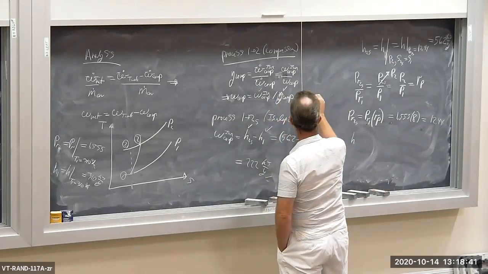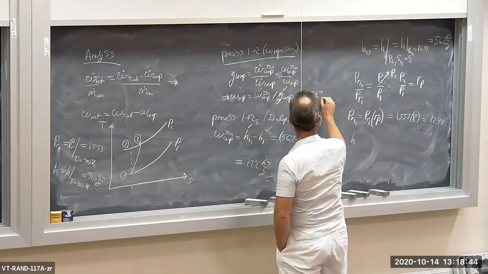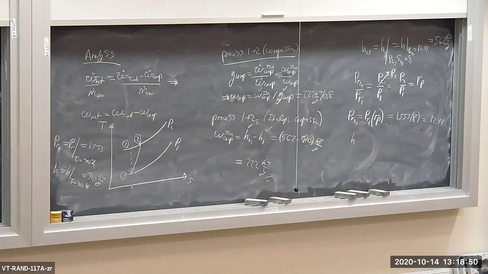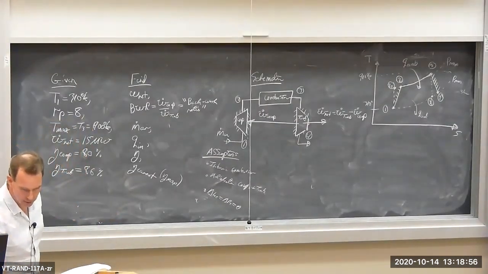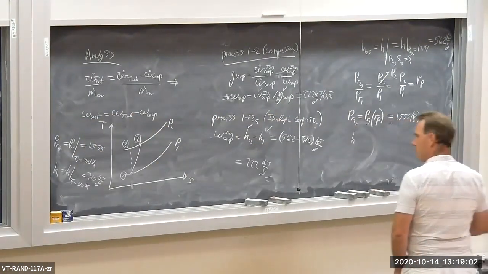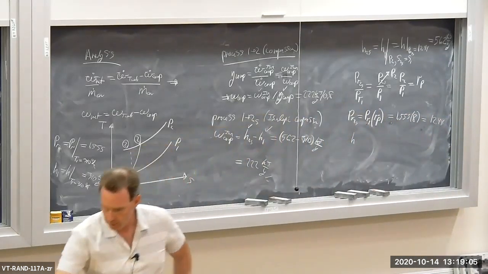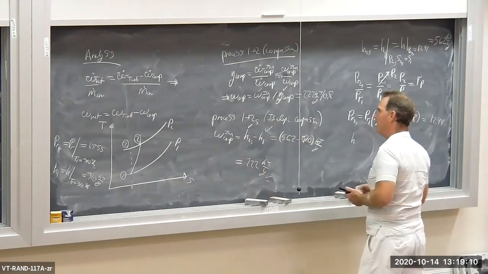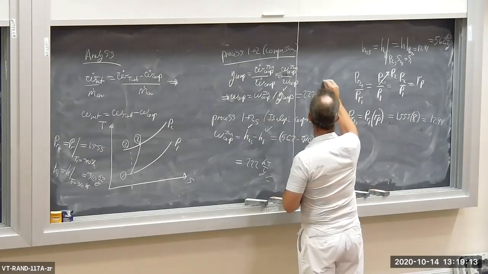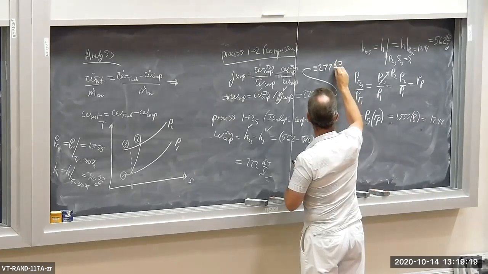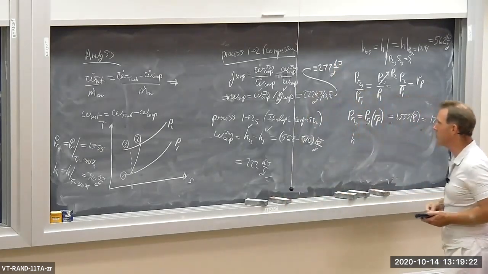222 kilojoules per kilogram, and then I divide that by 0.8, since the compressor isentropic efficiency is 80%, and I get a specific work for the compressor of 277 kilojoules per kilogram.